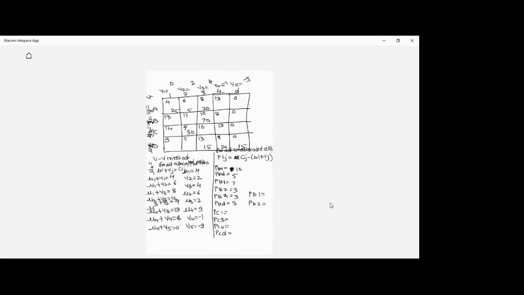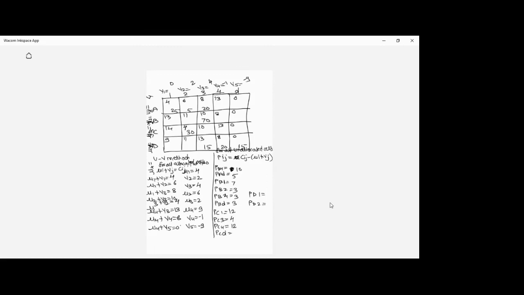For PC1, it is 2 plus 0, that is 2, and 14 minus 2 is 12. For PC3, it is 2 plus 4 is 6, and 10 minus 6 is 4. For PC4, it is 2 minus 1 is 1 and 13 minus 1 is 12.